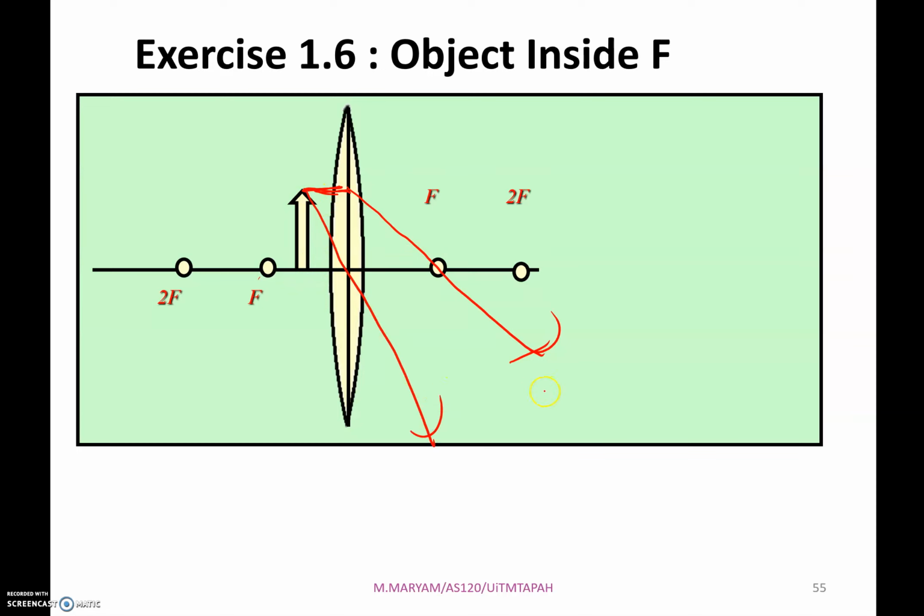And it does not meet at the back here. So what do we do? Try and connect it at the front. And at one point it does meet. Let's see, this is the point of intersection. So draw your image.